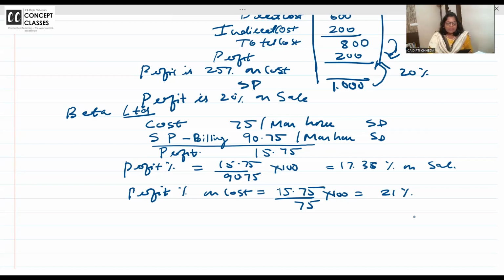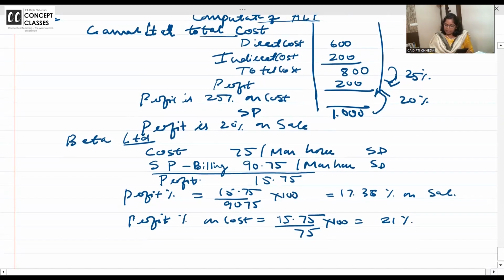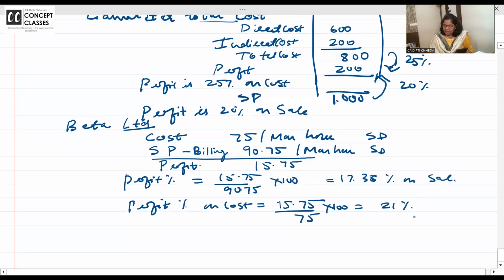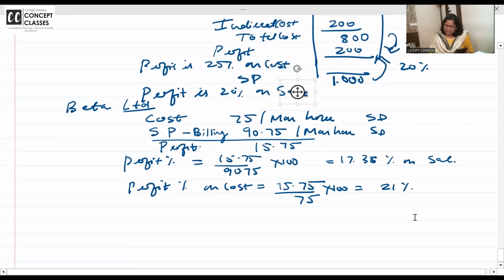यस, ऑपरेटिंग प्रॉफिट मार्जिन कॉस्ट पे उनका 25 है, हमारा 21. ऑन सेल्स उनका 20, हमारा 17.